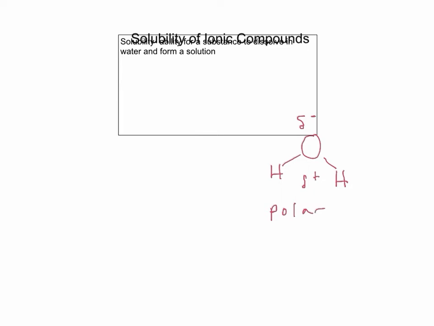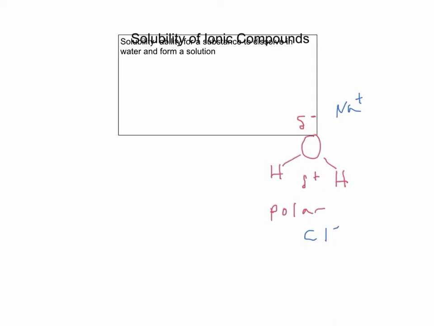One end, the oxygen end, is more electronegative. It gains a slight negative charge because the electrons are pulled more in that direction, leaving the other side with a slight positive charge. Now, because water is slightly charged, its negative end is going to attract the positively charged sodium ions, and its positive end is going to attract the negatively charged chloride ions.